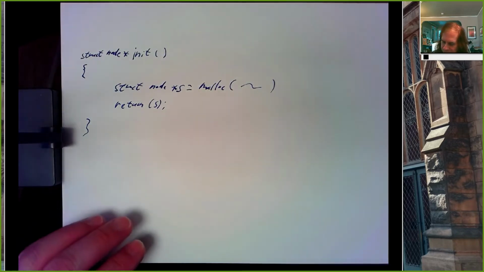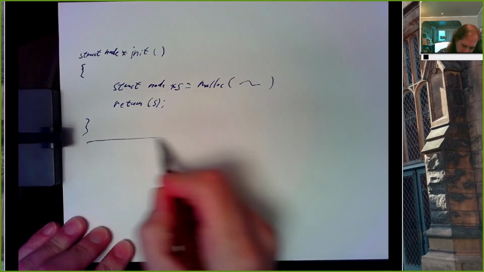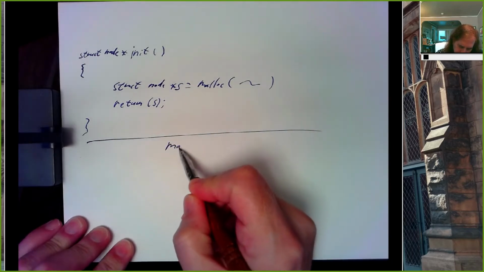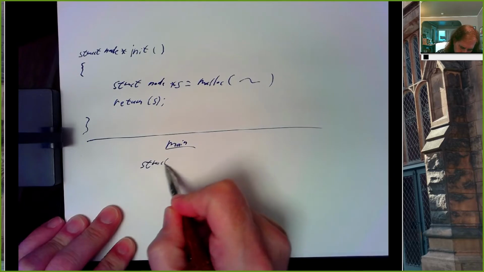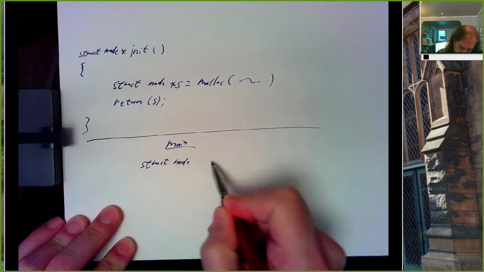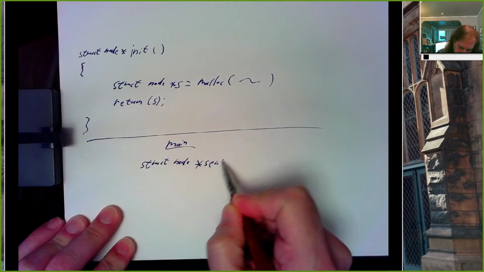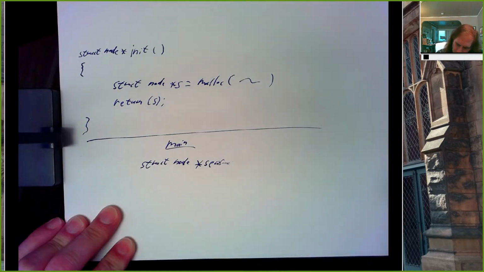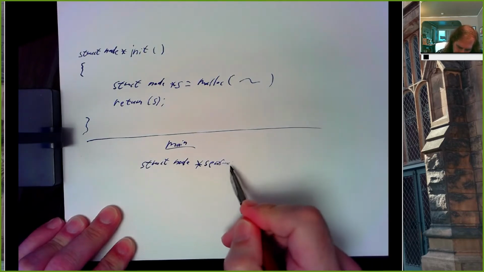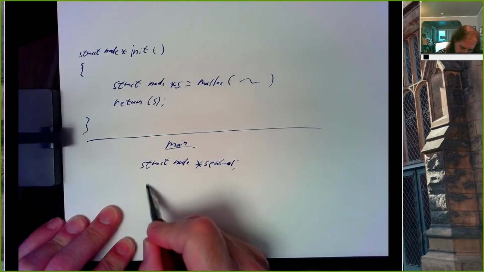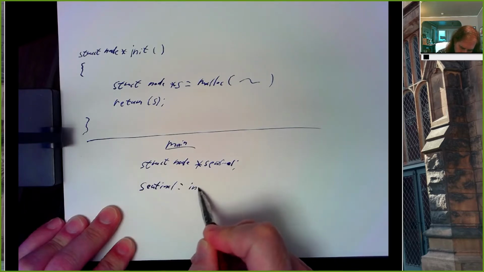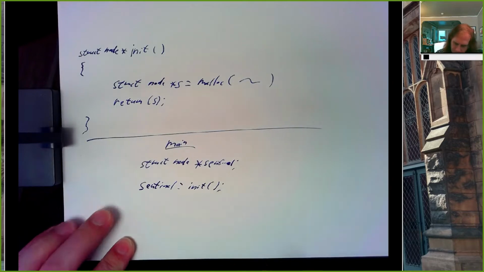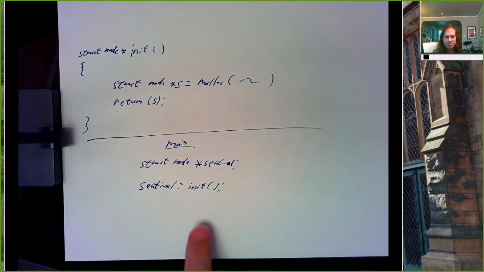And in your main program, you have a sentinel declared. And to give it a value, just call init.